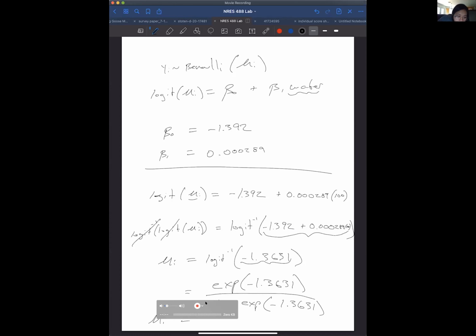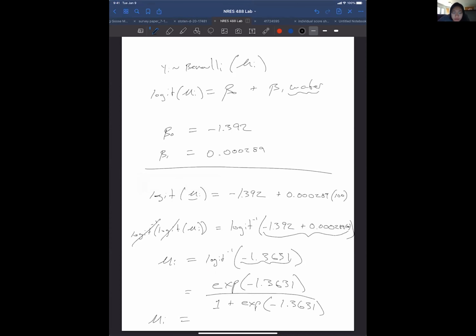What do you have in front of that exponent? It's 1 plus, negative X. And then I could do that in R, right? And it'll calculate. Yeah, let's go through that.